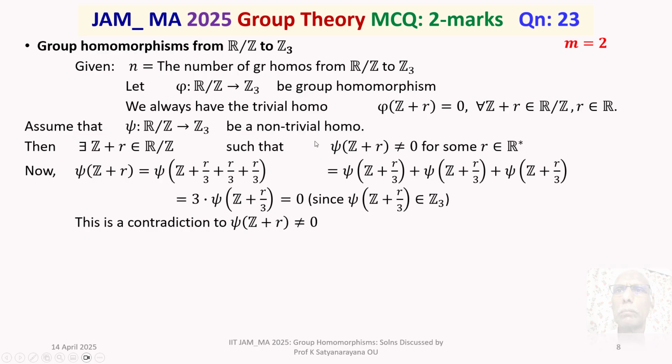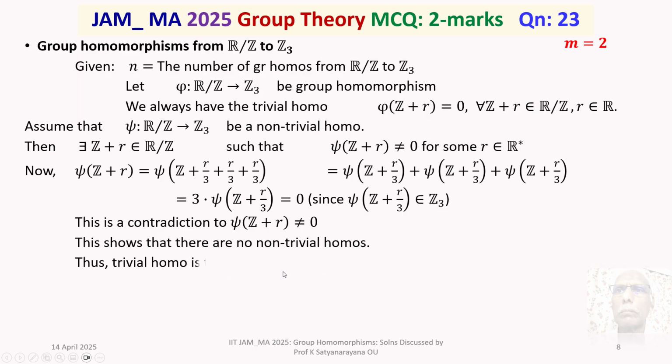Therefore, there are no non-trivial homomorphisms. That means there is only one trivial homomorphism. Thus, the trivial homomorphism is the only homomorphism. Therefore, N, the number of group homomorphisms from R by Z to Z3, is 1.